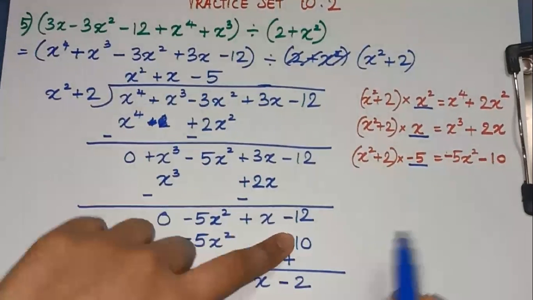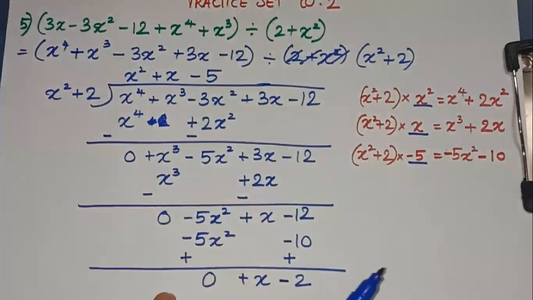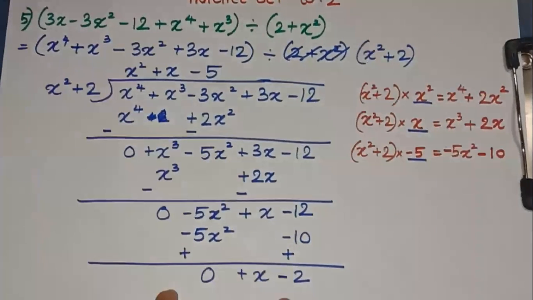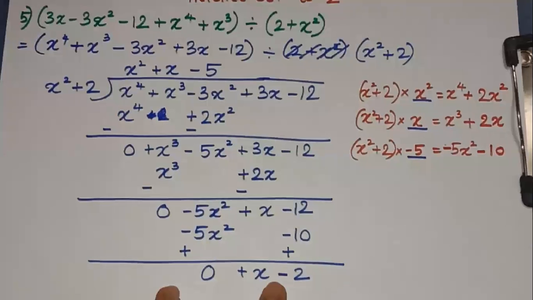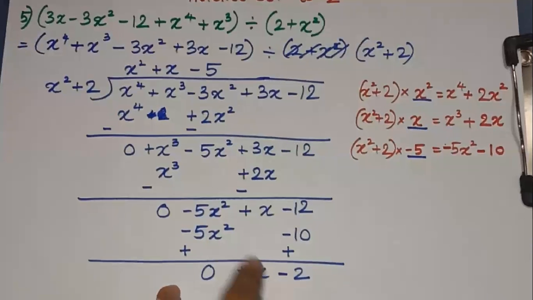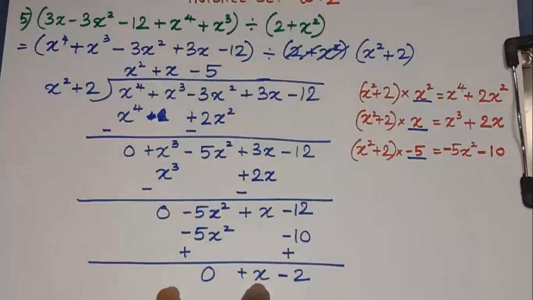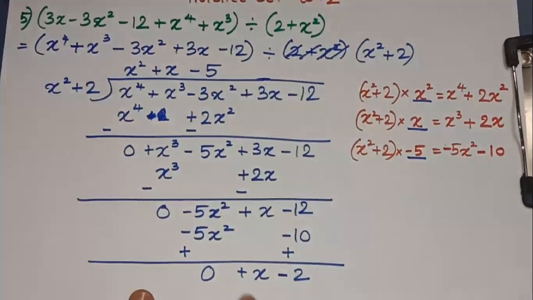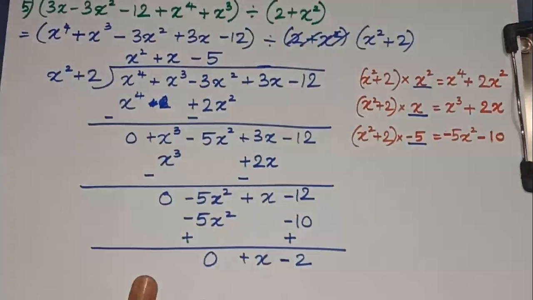Okay. Now as you can see, the power of the divisor is greater than the power we have now in the dividend. So we will not move ahead. If we had a power similar to the divisor, we would have continued and solved it by doing the division.